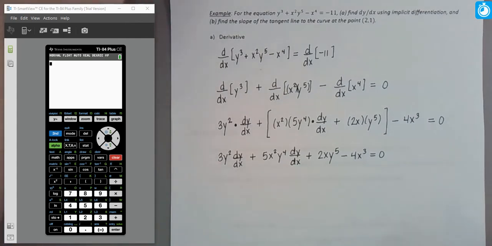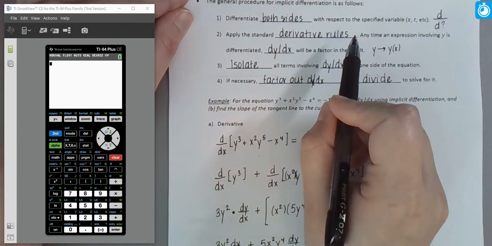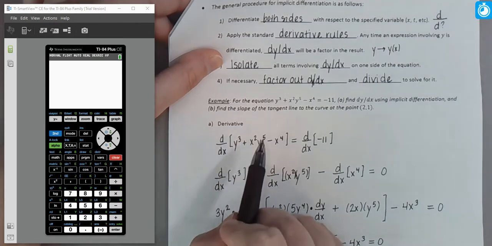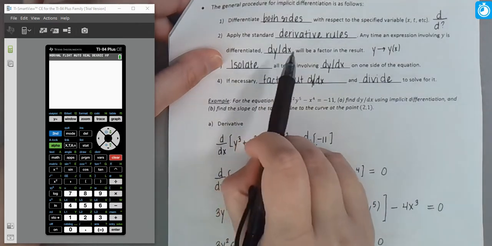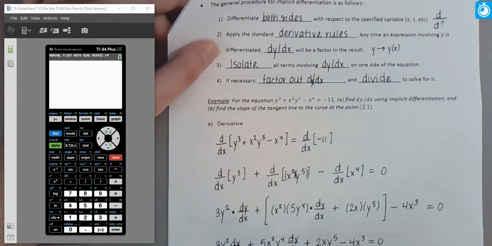Okay, so we've taken our derivative, we applied our derivative rules, and anytime an expression involved y, which we had right here and right here, we multiplied by that derivative of y with respect to x in order to indicate that y is itself a function, and so we have to take the derivative of that inner function.